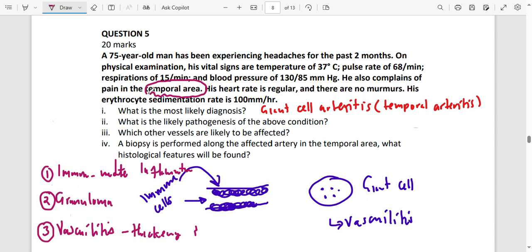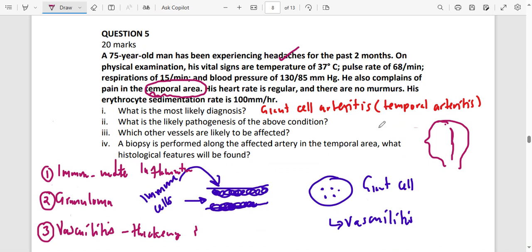When you have the temporal region, like the superficial temporal, which comes from the external carotid, if blood is not flowing enough to this region, that is what leads to the headache. Specifically, it is temporal headache.